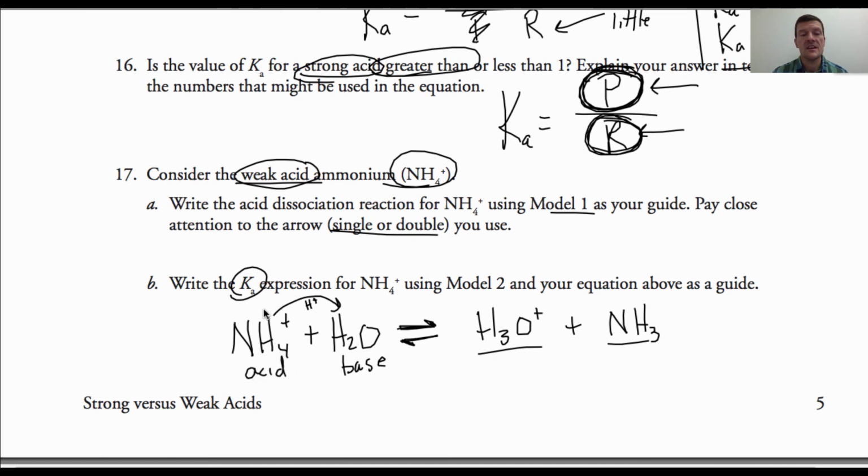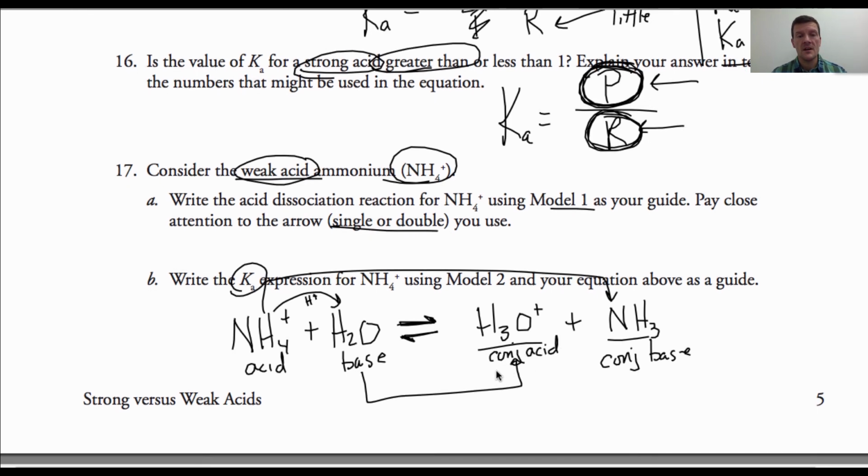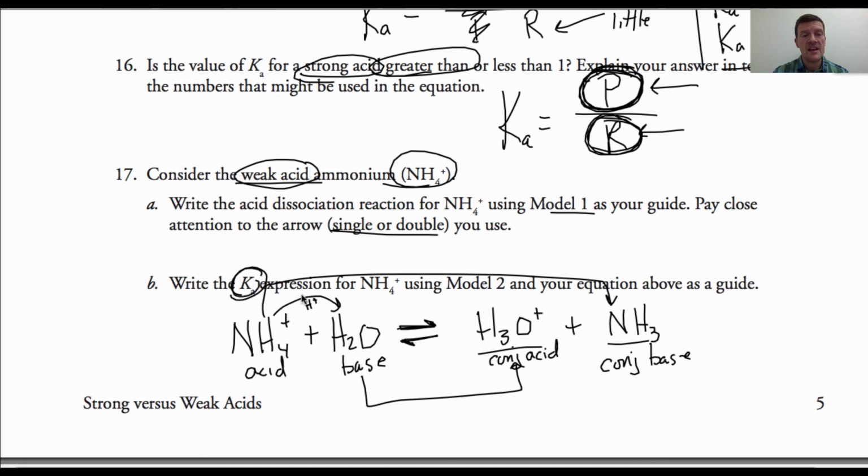Over here on the other side, the ammonium ion turns into ammonia, so this is your conjugate base. The water in this case is acting as a base, and it is turning into hydronium, which is your conjugate acid. Okay? Okay, write the Ka expression. Well, the Ka expression then would be this.